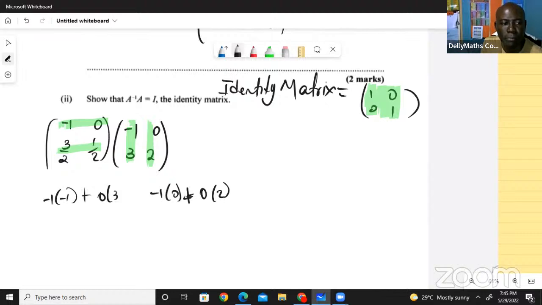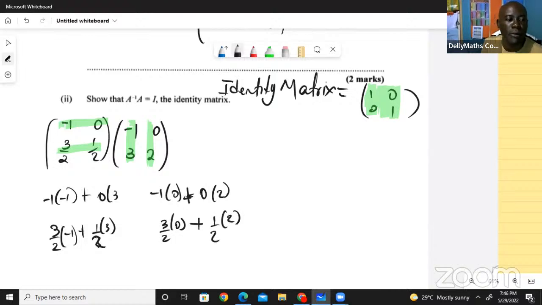And let's go further. 3/2 times -1 plus 1/2 times 3. 3/2 times 0 plus 1/2 times 2.